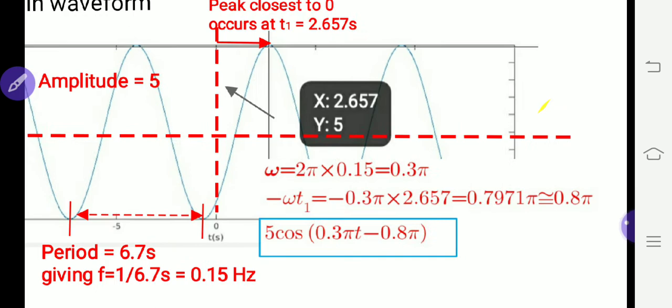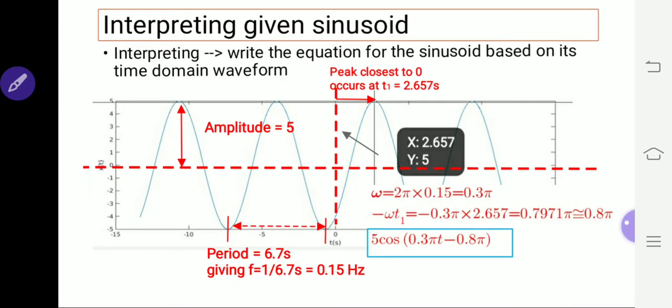You can see that this graph is the same as the one we used just now. But here we are using the time shift, which is t1, the t1 closest to 0.